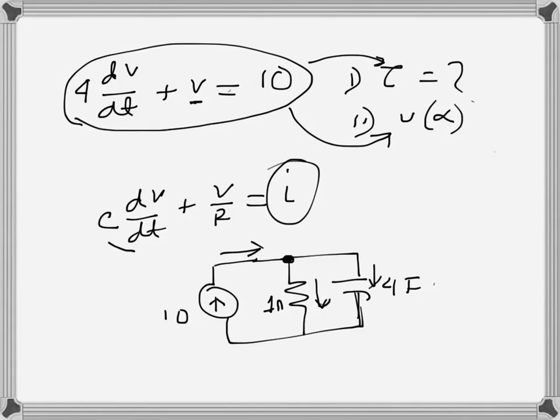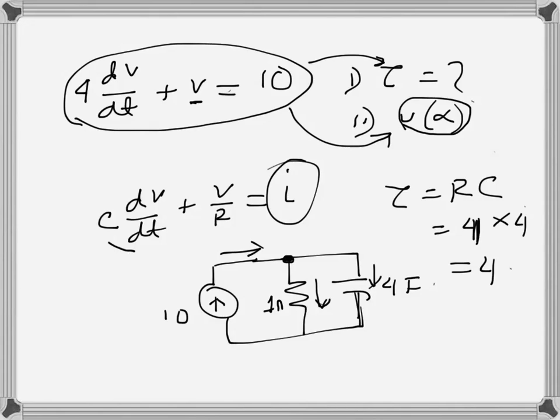Now we need to know the time constant. The time constant will be RC, and R is 1 here, C is 4, so that's 4, that's the time constant. And the V infinity, which of course will be just, this one will become open.